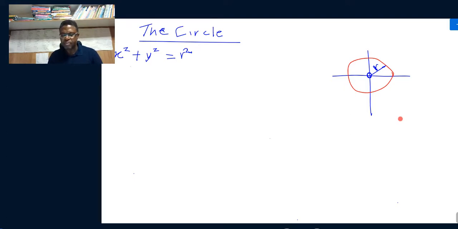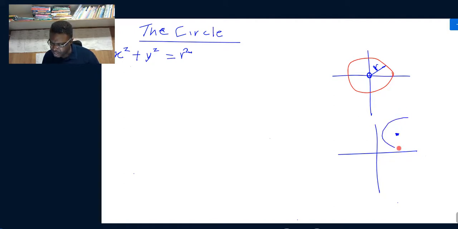But what if we have a circle that does not pass through the origin? Let us say the circle is here, and the circle goes like this. We have a radius. So it means we now have x that deviates by a value a.